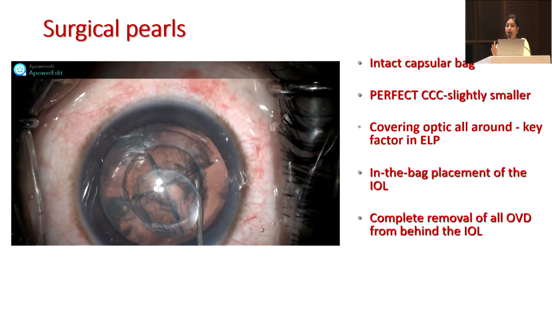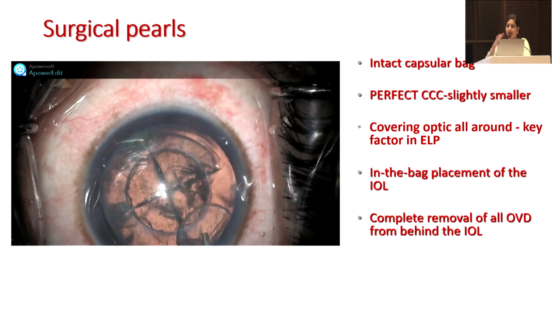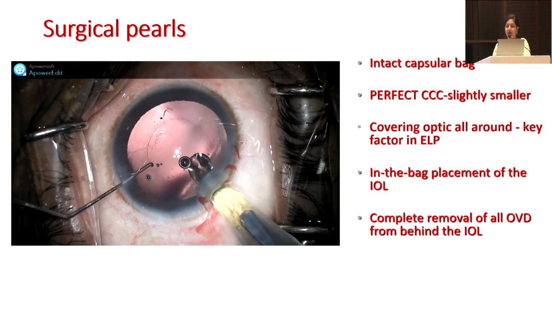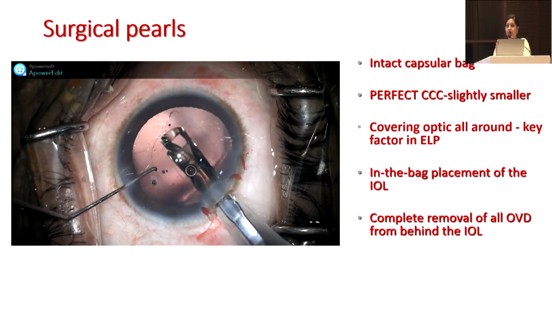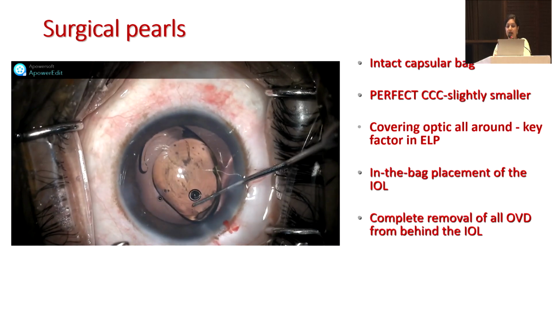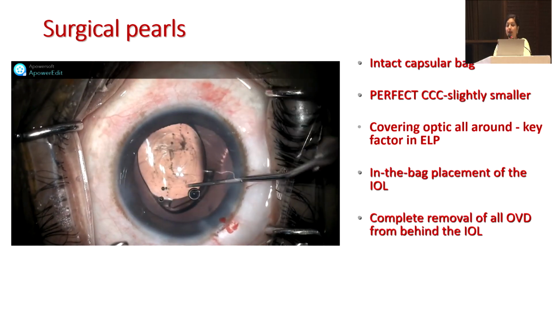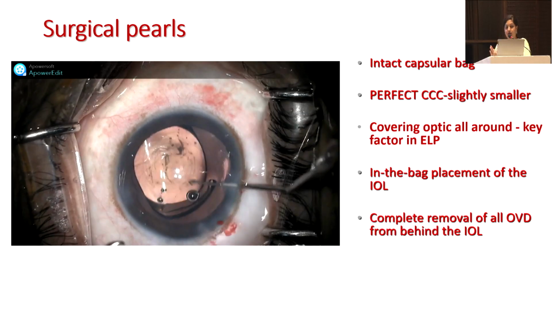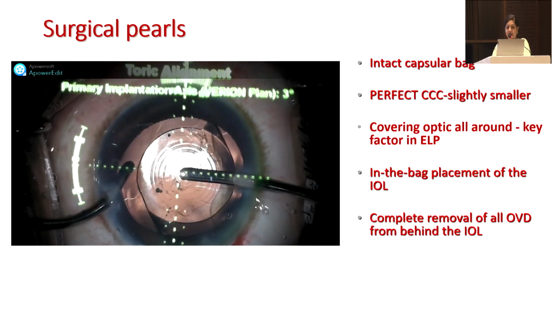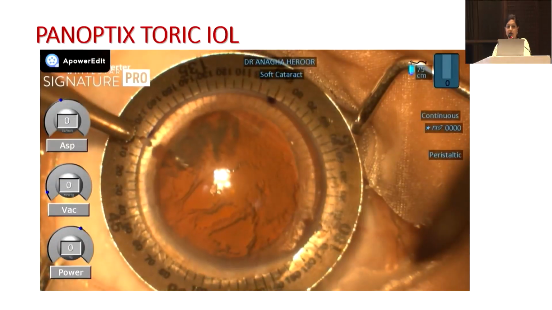And what you need to have is a good anterior capsular rim all around, and wash off the viscoelastic from behind the IOL, because here you are planning a toric, you need to align it perfectly at the place where you want it, and you don't want it to rotate. And the most common cause of rotation in the postoperative period is residual viscoelastic underneath the lens. So this is extremely important.